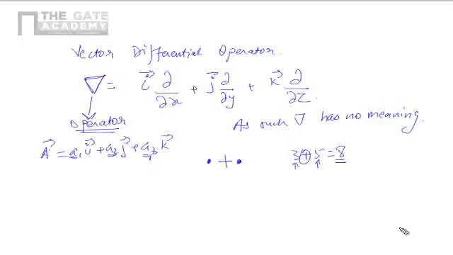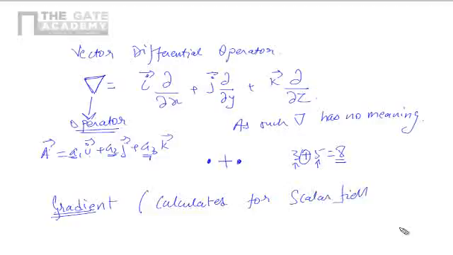Clear? Okay. Now, the first operation we are going to see is called the gradient. Gradient is always calculated for scalar fields. So, let phi be a scalar field, in the sense of a scalar function.